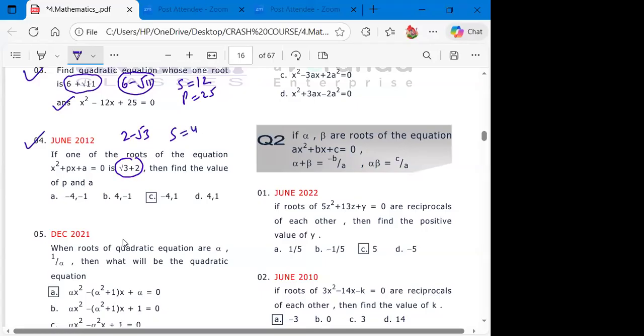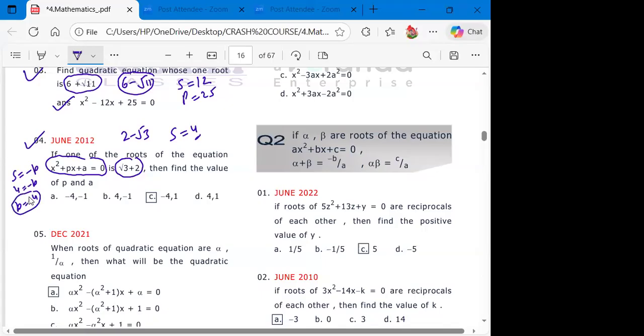The sum formula is minus b by a, and a is 1. So 4 equals minus p, so p will be minus 4.